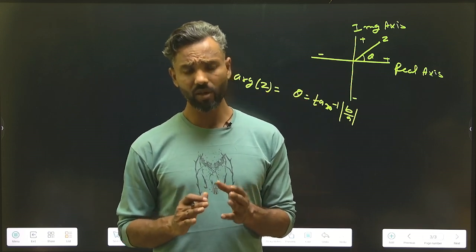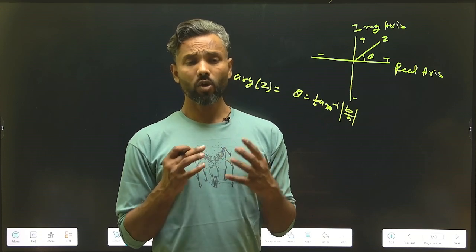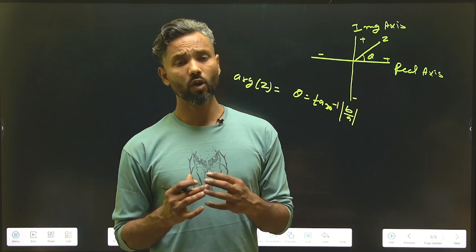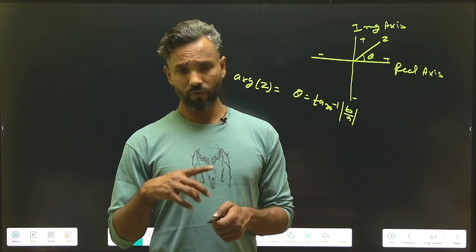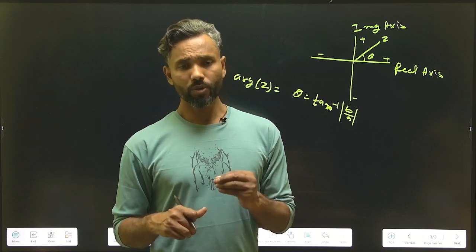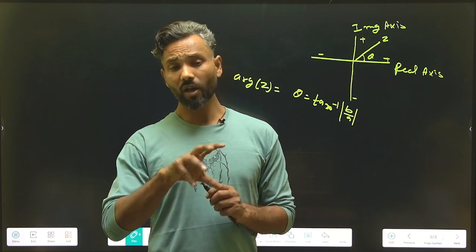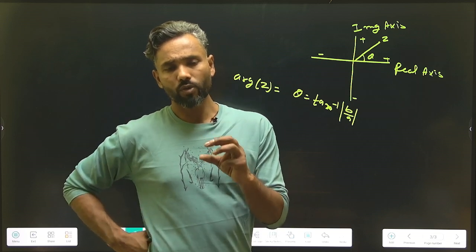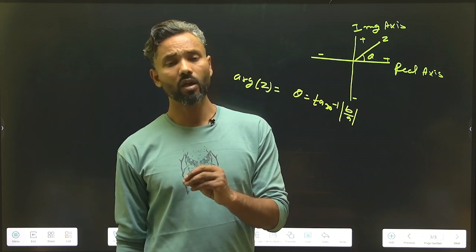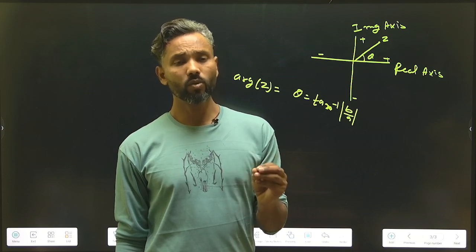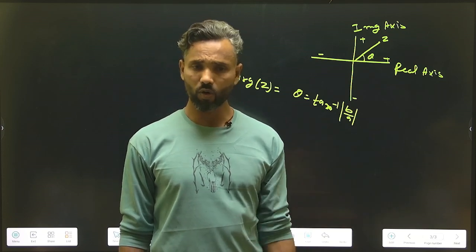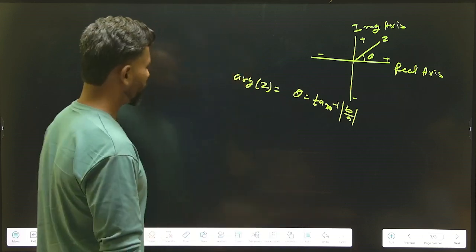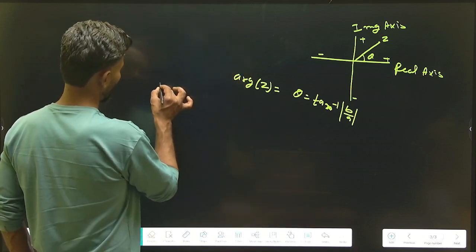In the examination, the examiner is going to provide the values of argument in the principal form. So in the options we are going to get the principal argument. Understand that? So we have to learn how we can calculate the direct principal value of the argument of any given complex number. Firstly, we should know what is principal argument.